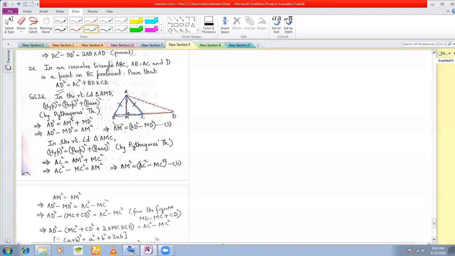As I told you, if you drop a perpendicular from the vertex containing the equal sides in an isosceles triangle, these two have to be equal. So these two sides BM and MC are equal. With that in mind, we'll start.